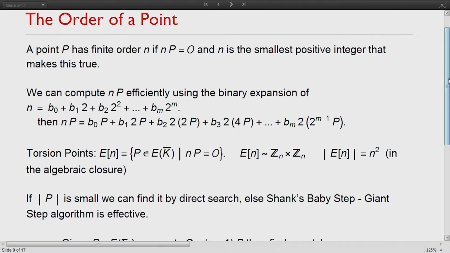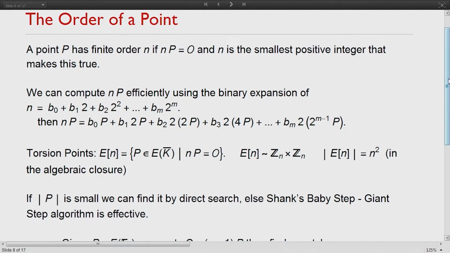And we can compute nP efficiently using the binary expansion of the integer multiple. I expand it in powers of 2, and then nP is just the sum obtained by distributing P across that. I only have to do the addition for the non-zero binary digits b_i. And so that gives me a pretty efficient order log n additions of the operation.